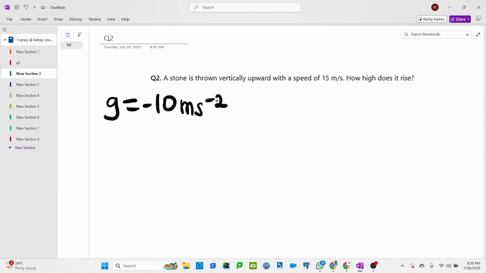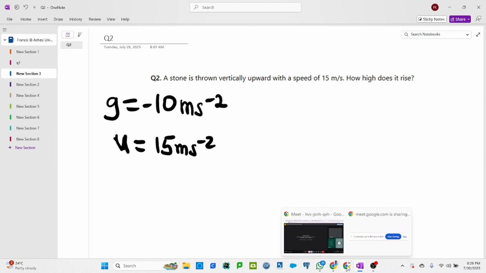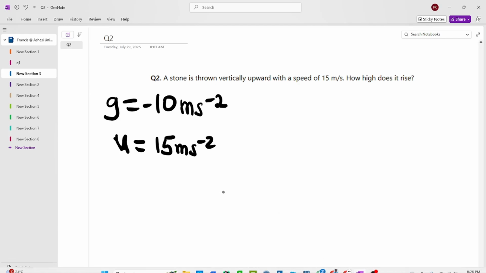Then my initial velocity is 15 meters per second. And since the ball is going to rest in the air, my final velocity will be 0 meters per second.